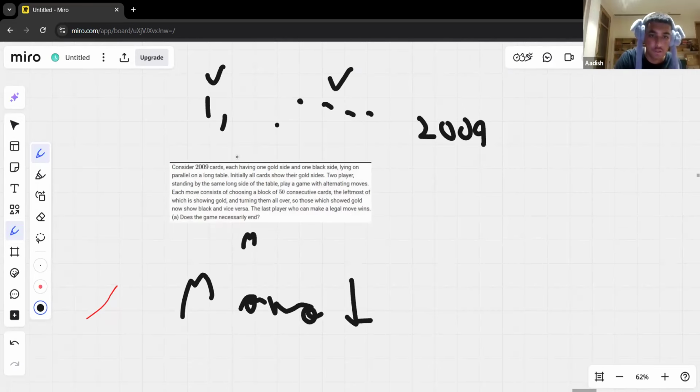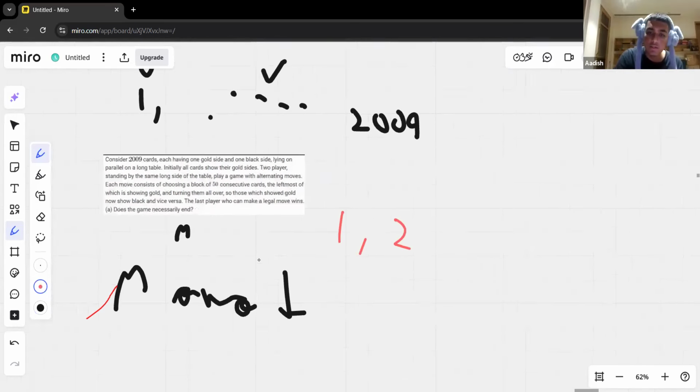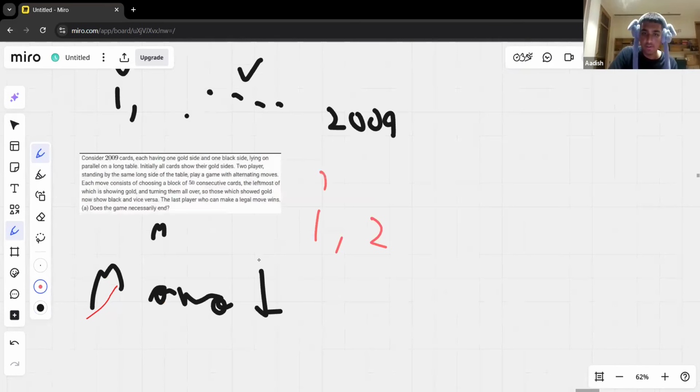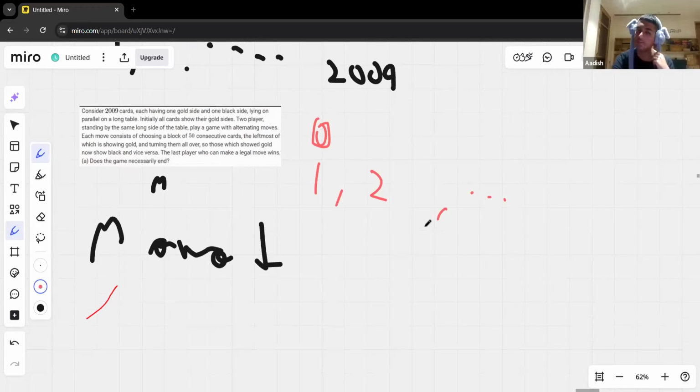At some position, some cards are gold and some cards are not gold. Ayush has said the answer in the chat. That is perfectly correct, but I'll try to motivate it a bit more.